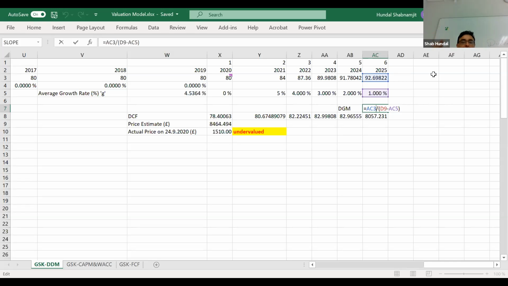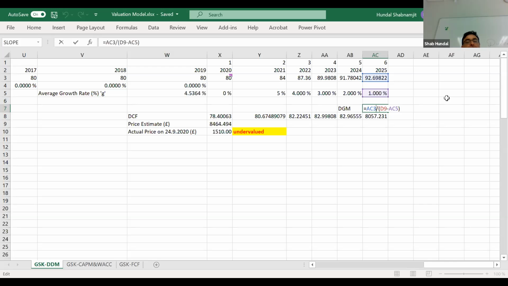In this case, the discount factor is the rate of discount R minus the rate of growth in dividend. And you can see here, this is equal to AC3. What is AC3? AC3 is the dividend in the final year.